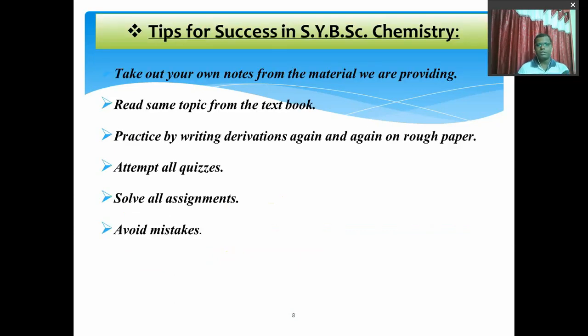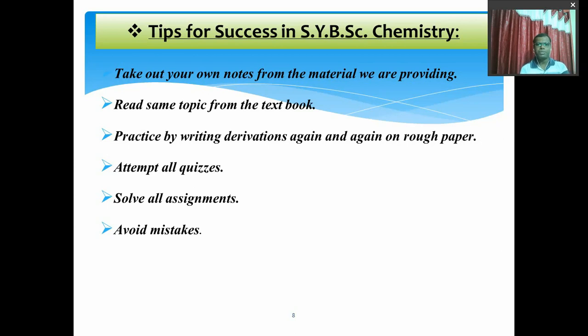I have some tricks and tips from my side to help you get more success and more marks in the SYBSc chemistry subject, not only in chemistry paper 2, but also in paper 1 and paper 3. Chemistry paper 1 and chemistry paper 2 have the same structure, in the sense that both papers have 3 units.